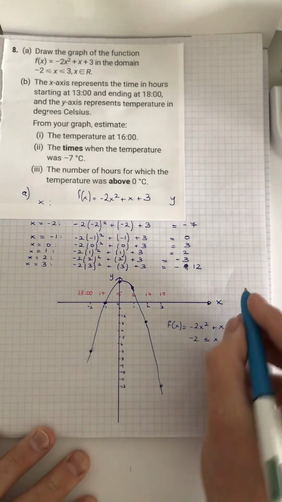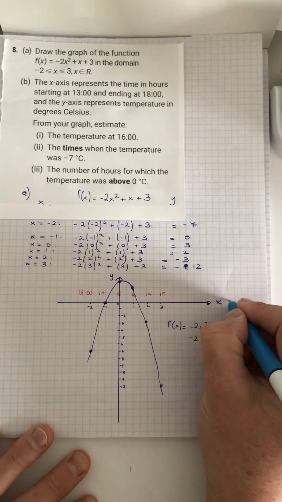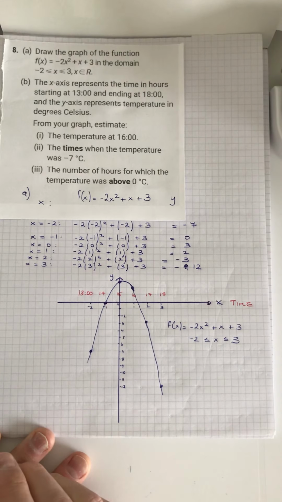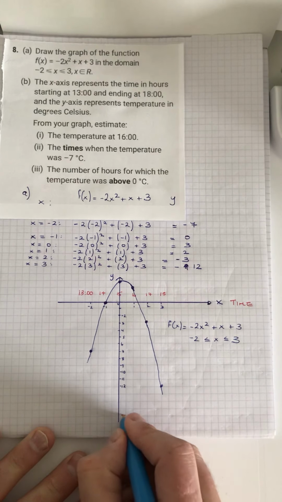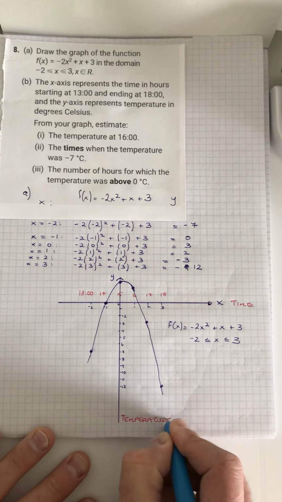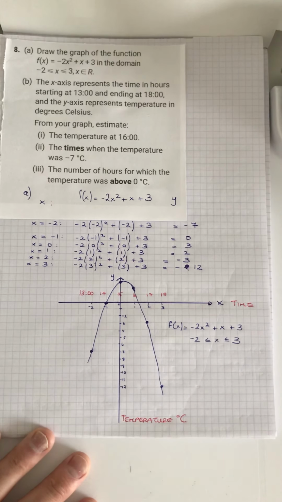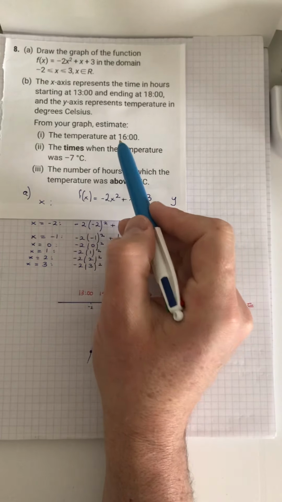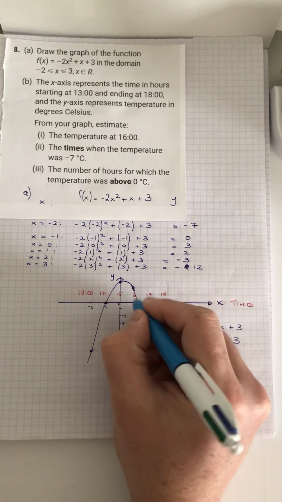So going across the x-axis is going to be the time. And the y-axis represents the temperature in degrees Celsius.